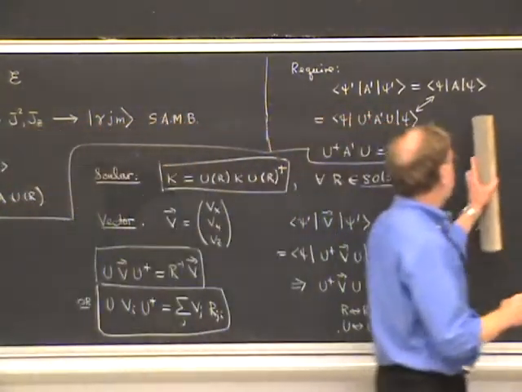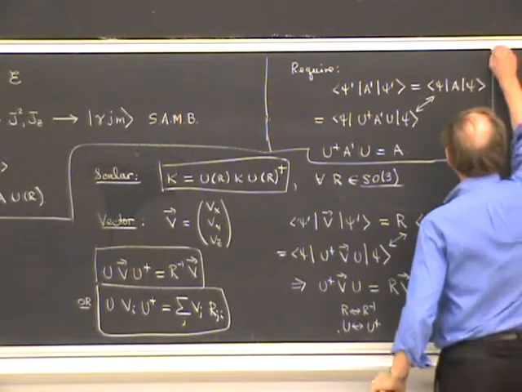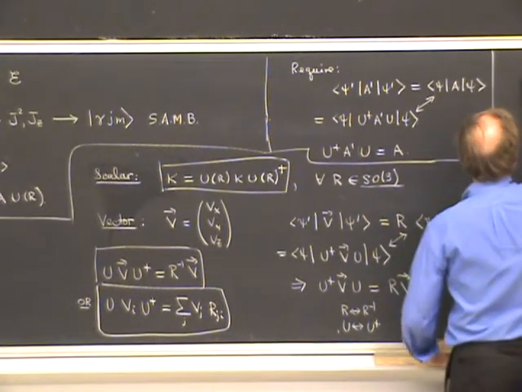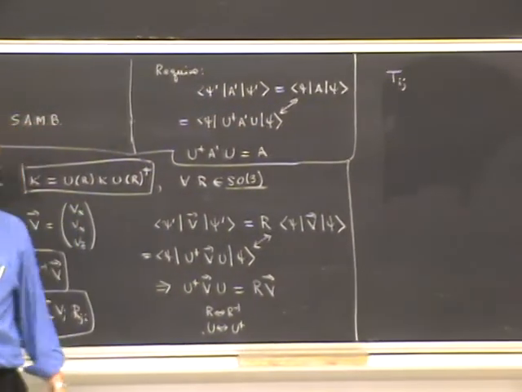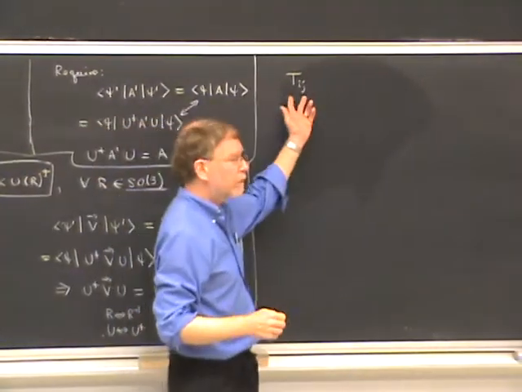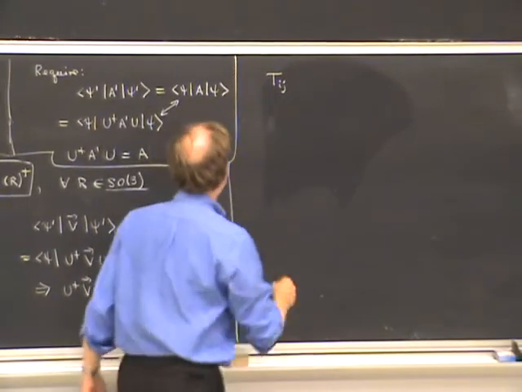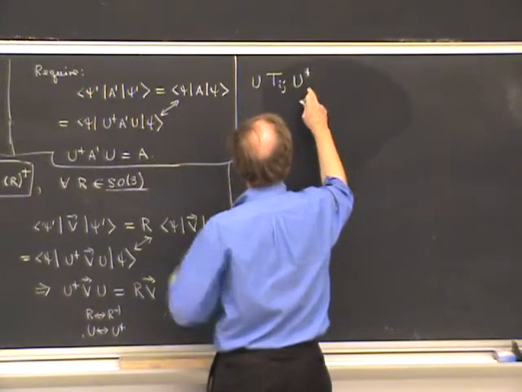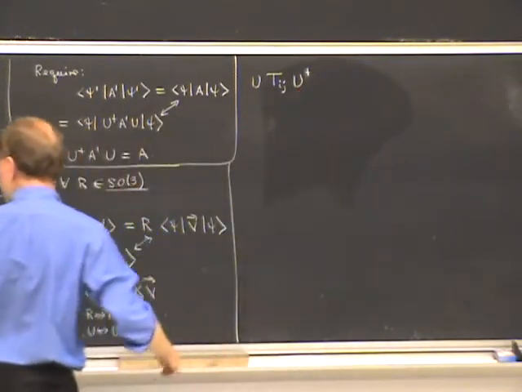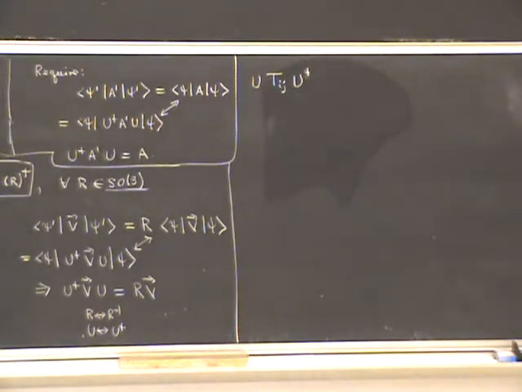Similarly, we can go on and define a tensor operator. A tensor operator is, let's call it Tij. It can be thought of as a matrix or a tensor of operators, 9 of them, i and j run over x, y, and z. And it has the property that if we rotate a component of the tensor operator by conjugating with u, that's the rotated operator over here, then we get a linear combination in which each index transforms in the same way as the single index does in the vector operator, basically by the matrix R transpose.